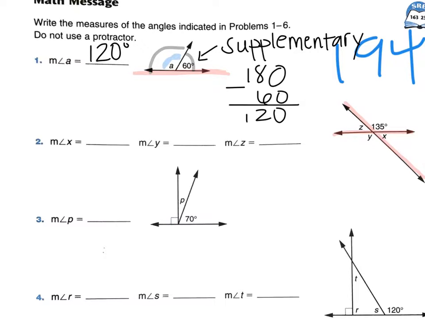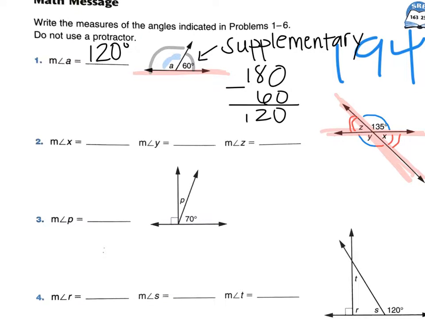So when I have two straight lines that intersect, I'm going to have something cool that happens. I'm going to be able to look and see that opposite angles or vertical angles will have the same measure. And we already pointed out that we do have some straight lines here, which will help us.